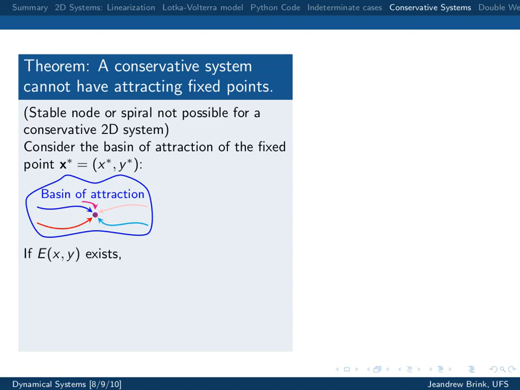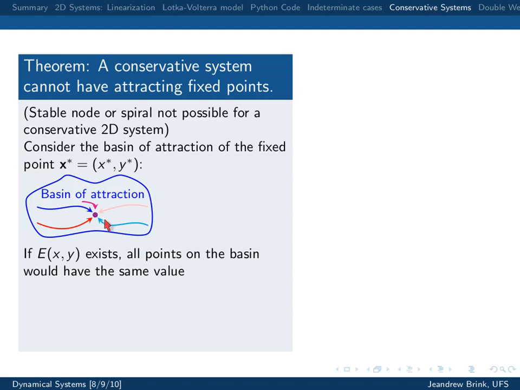And if a conserved quantity exists, basically all points on the basin will have the same value, right? Because along a trajectory, the value of the conserved quantity doesn't change in time. So all the points on the basin are going to have the same value of E, whether it's here or there. And because they all share that fixed point, they're all going to have the same value.